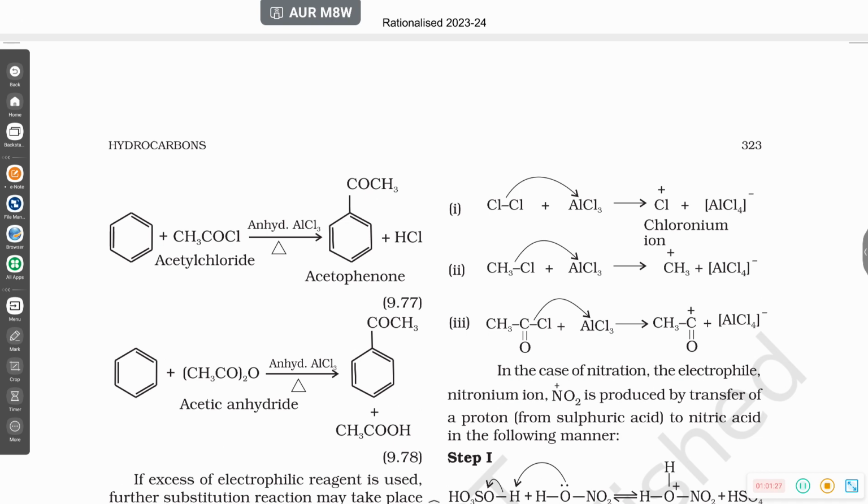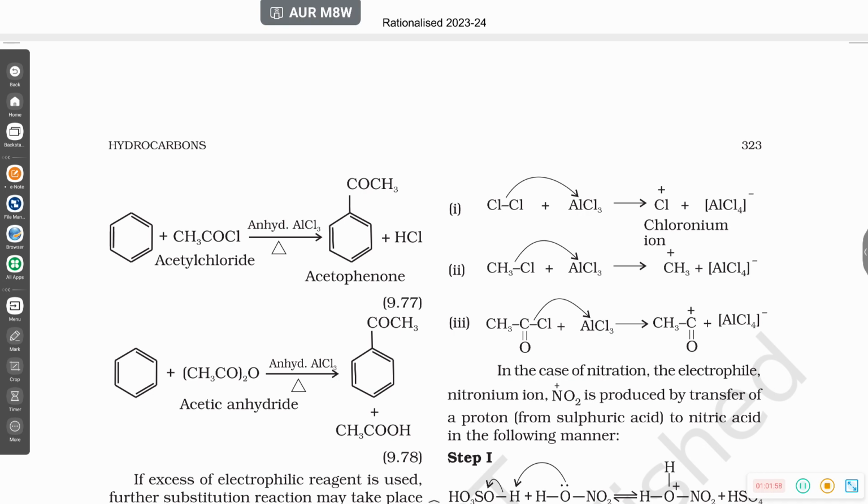For halogenation, I am giving Cl2 and AlCl3. Aluminum takes one Cl, so AlCl4 minus forms and then Cl plus forms. This chloronium ion is the electrophile for halogenation. For alkylation, CH3 plus AlCl4 minus, the same CH3 plus carbocation.